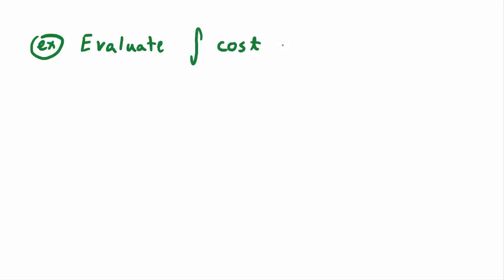Okay, let's do another one. If we can take a derivative, we can go backwards, right? We can take an antiderivative. So let's evaluate the integral of cosine of t i, again, this is ijk form, plus 1 over t j plus 4 root t k.